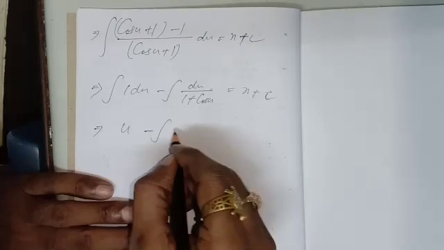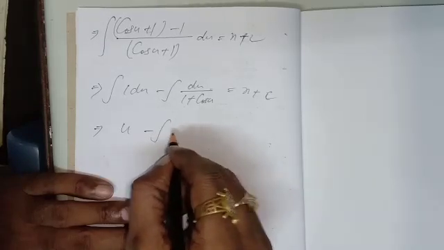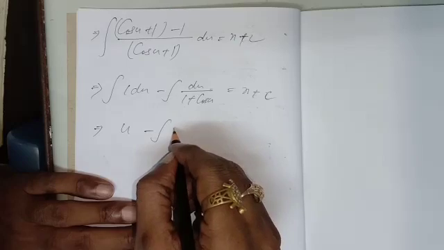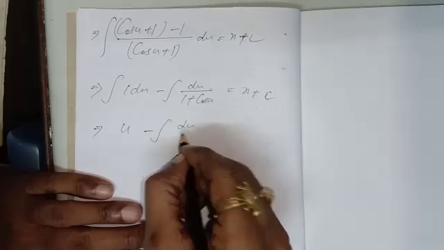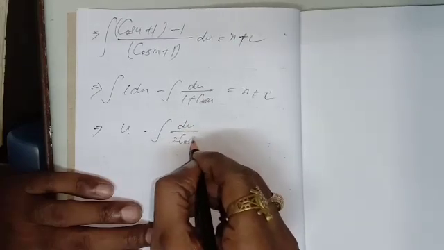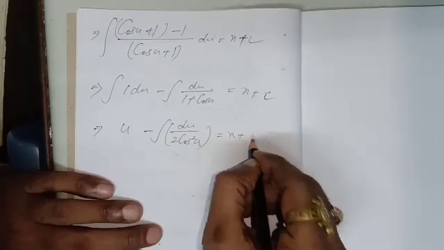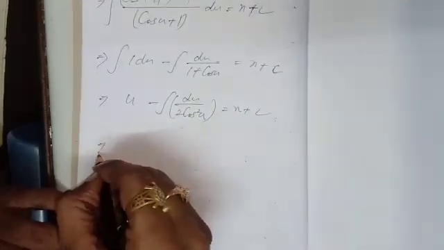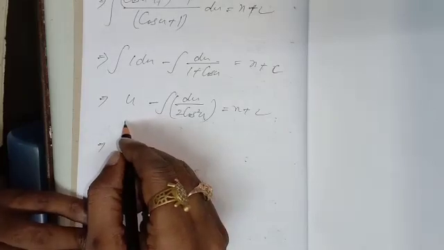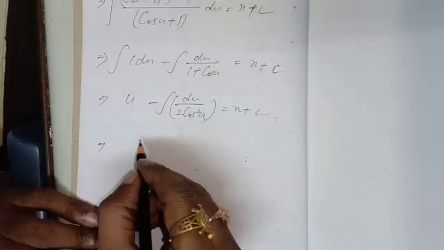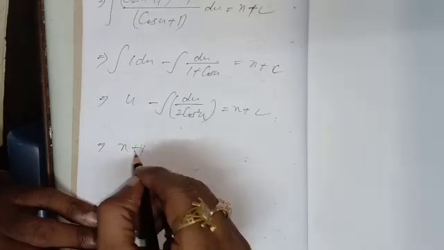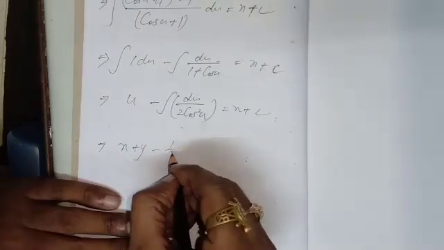Then 1 by 2, du by cos square (u by 2) is equal to x plus c. What is u? U is x plus y.